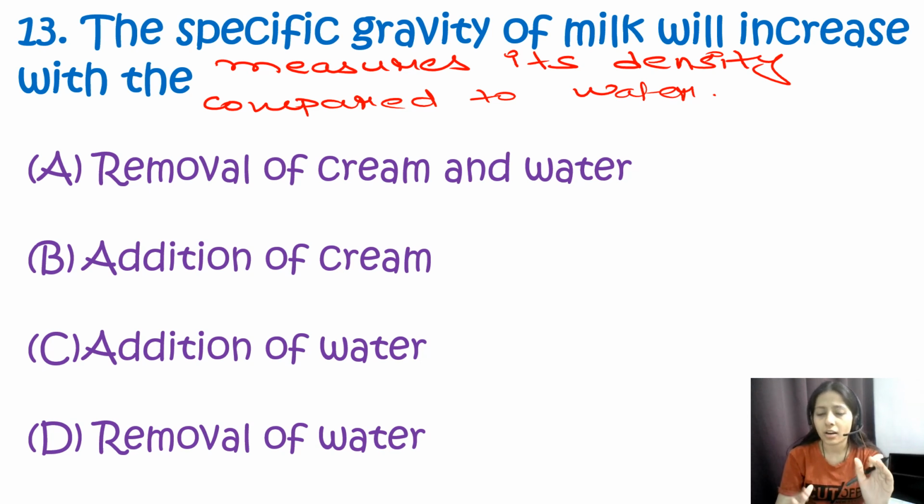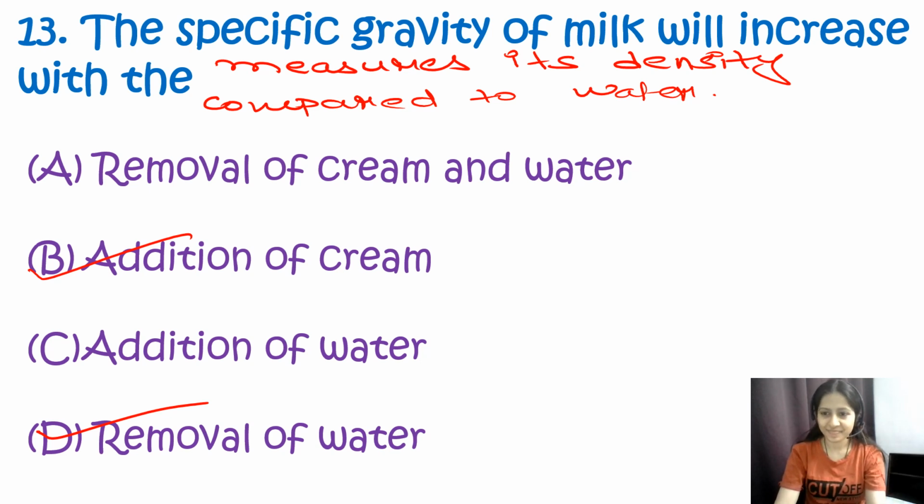Therefore, we can say that the specific gravity of milk will increase with the addition of cream or with the removal of water. So over here my correct options will be option number B as well as option number D.